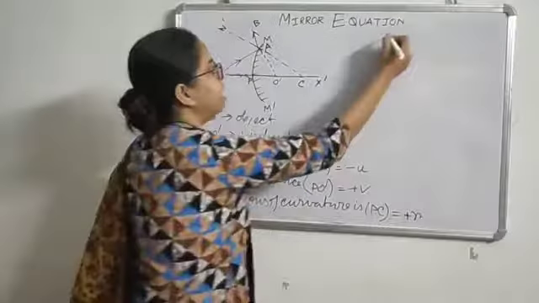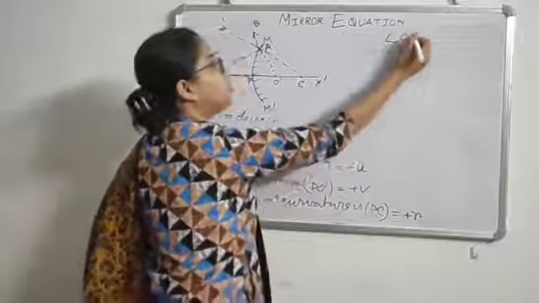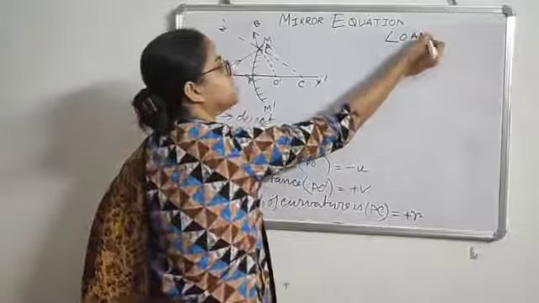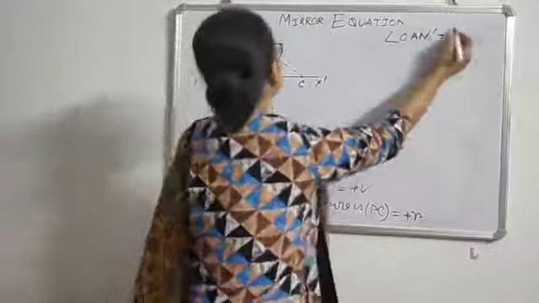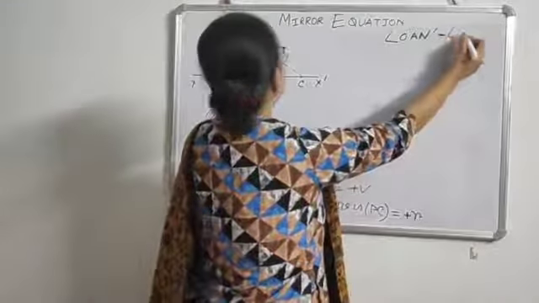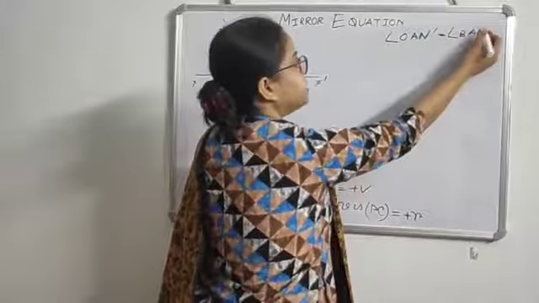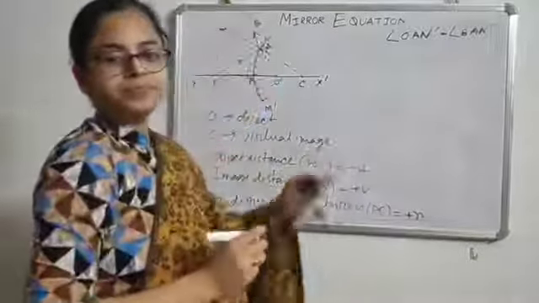From this we can write that angle OAN dash is equal to angle BAN dash.